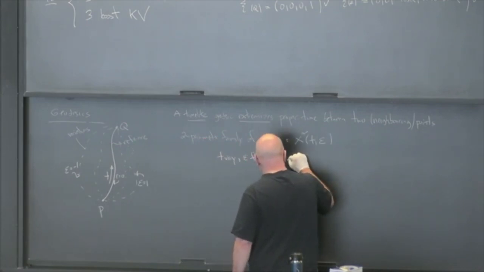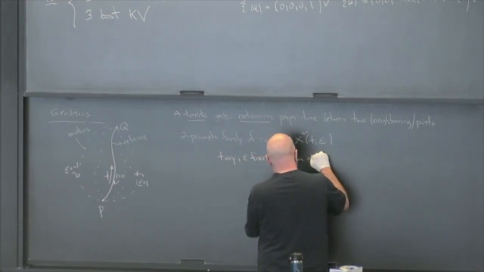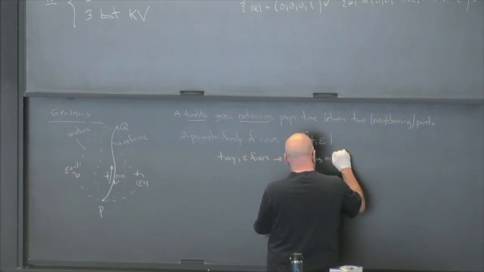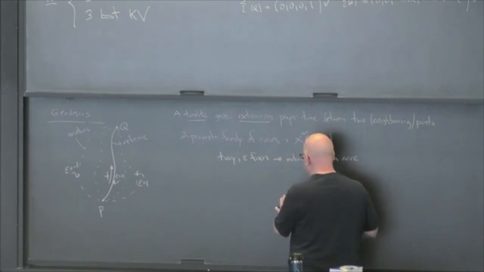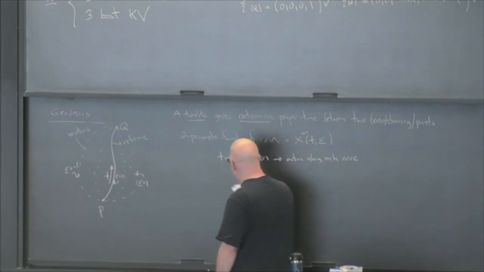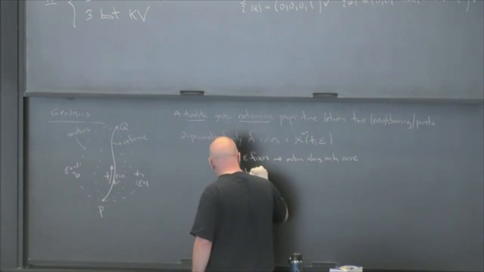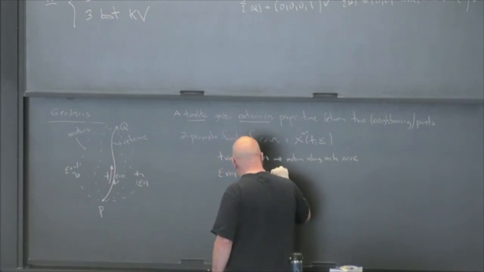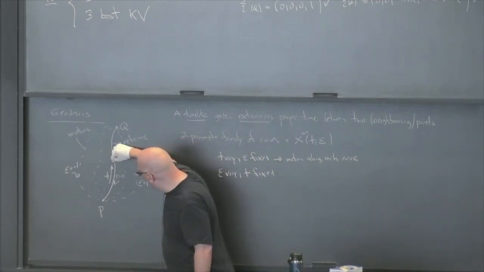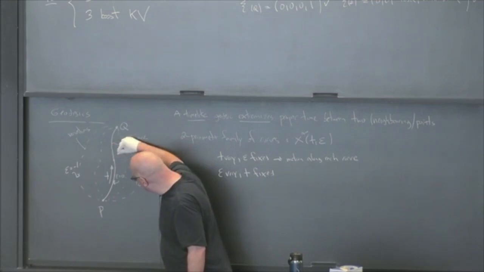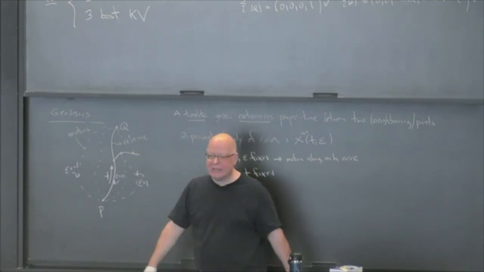So that would be a motion along each curve, either reference or variation. But then if we let epsilon vary and we keep t fixed, then that means that we're going from one point with a value of t here to a similar point with the same value of t here on neighboring curves. So we're describing motions across those curves.